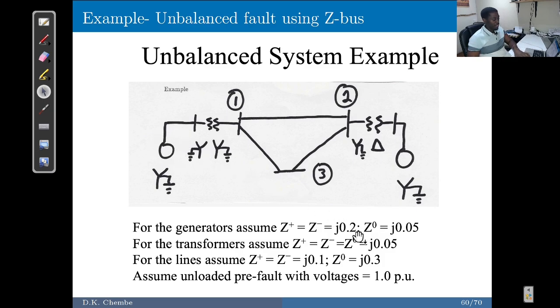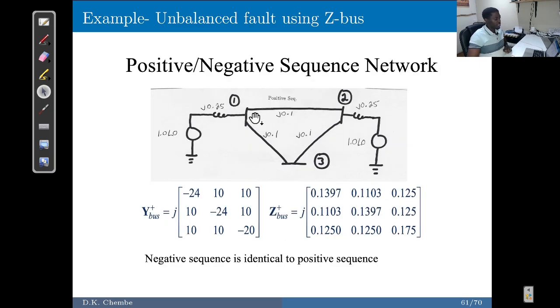For the transformers, we have J0.05. And then for the lines, positive sequence equal to negative sequence, we have J0.1. So what we see here is for the lines, we've got J0.1 in the positive sequence for all the lines. This is for the transformer reactance, and then this is for the generator. So this is the combination of the transformer and the generator.